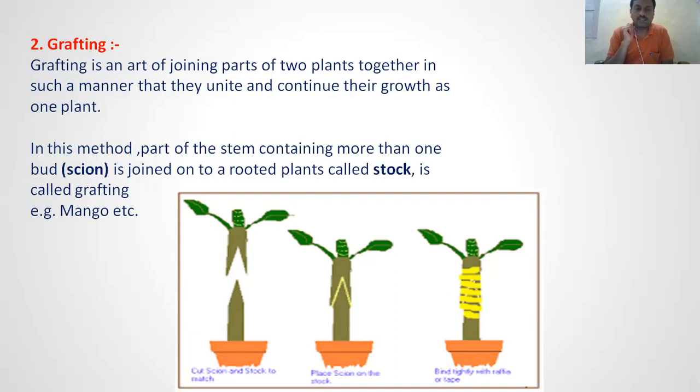In this method, the part of the stem containing one or more buds is known as the scion.